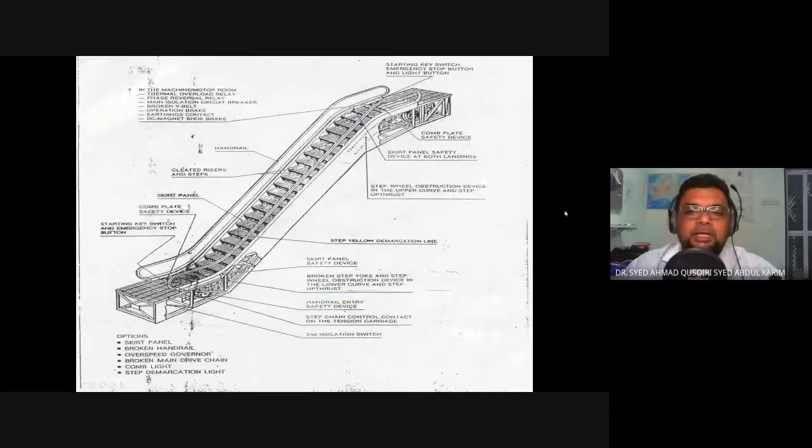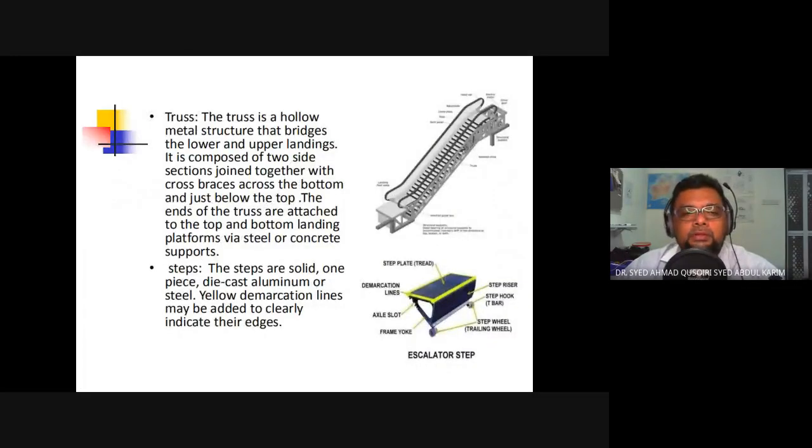So this is another isometric view of the components. The truss is a hollow metal structure that bridges the lower and upper landing, composed of two side sections joined together with cross braces.